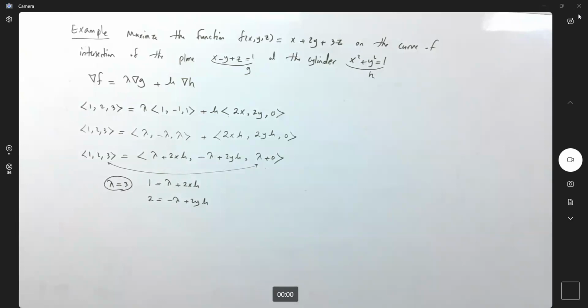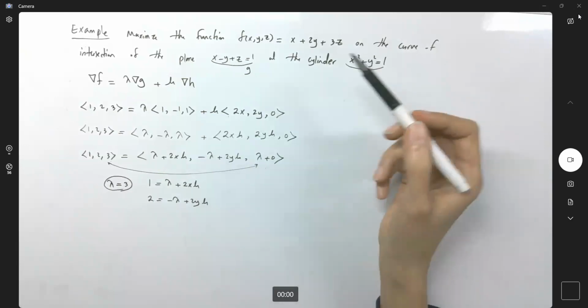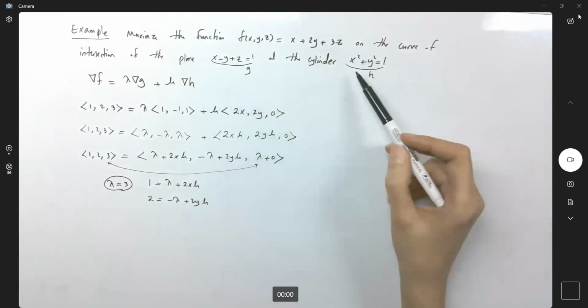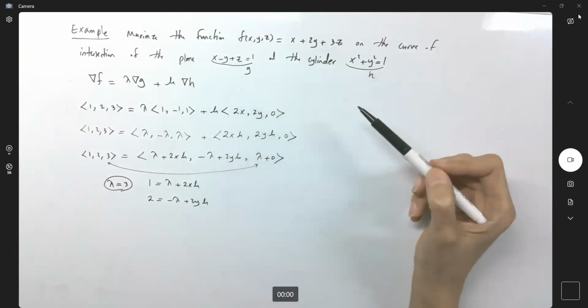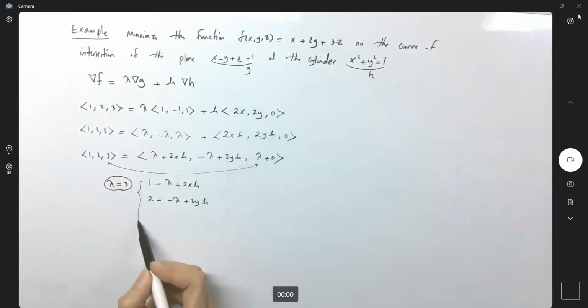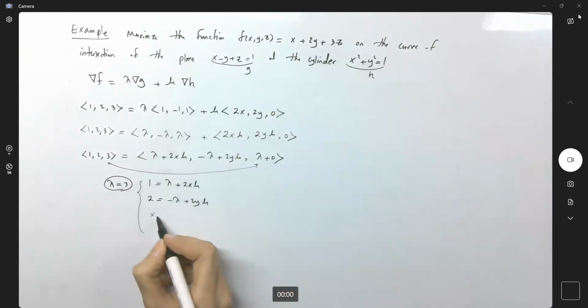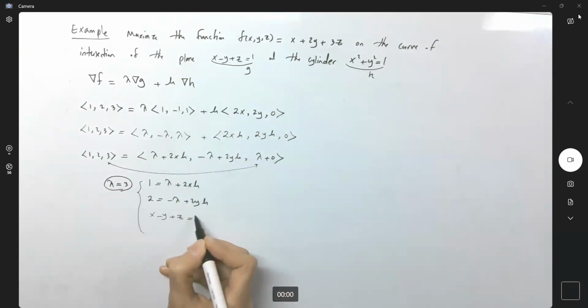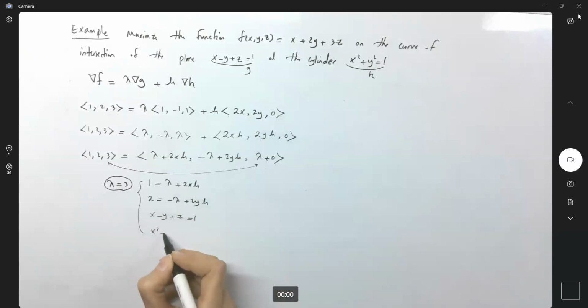You have a linear combination between them, and also you have x squared plus y squared equals 1 as well. Just let us write down everything. x minus y plus z is 1, and here you have x squared plus y squared equals 1.